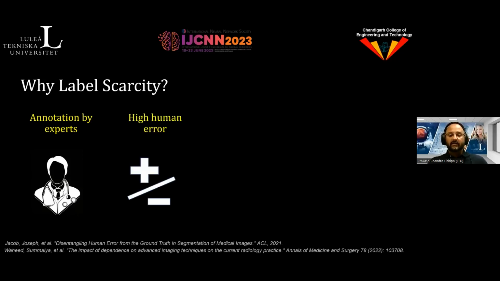The second aspect is very high human error rates. Although the annotations are done by medical experts, the complexity of medical images and the detail required to understand the concepts lead to high human error rates.